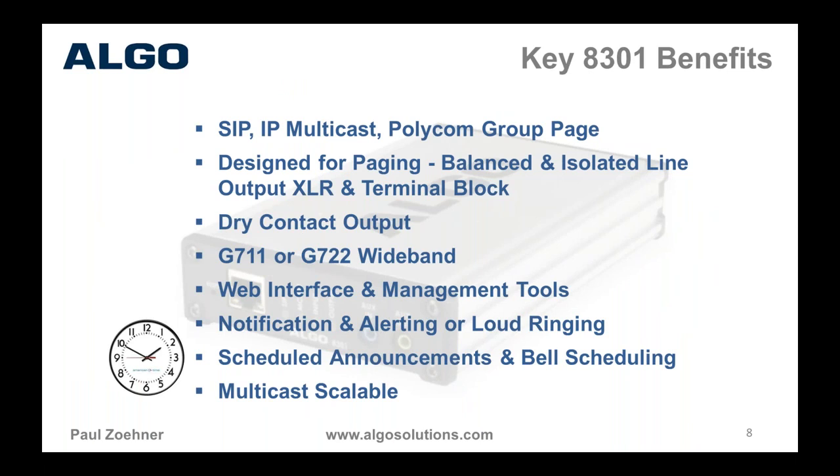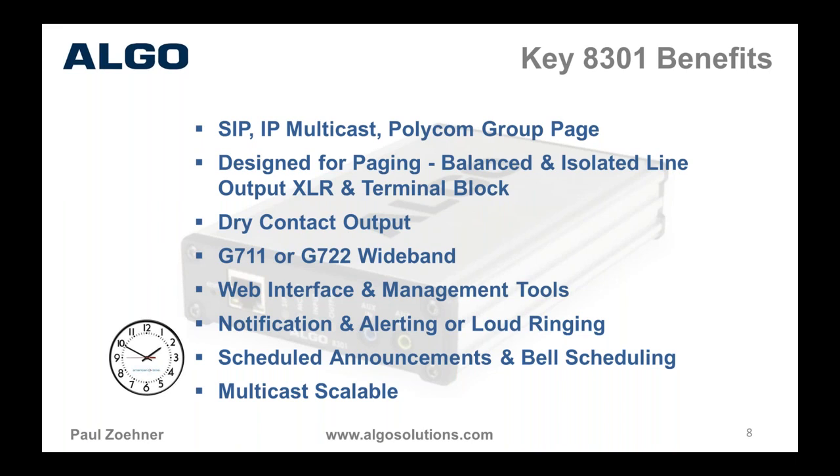Some of the key features for the 8301: it supports SIP, it supports IP multicast, Polycom group page, among others. When we say SIP, it can actually be registered with up to 50 SIP extensions, and if we had time, I could explain why that is and how that's used for zoning. This device was designed specifically for paging, so you have a balanced and isolated line output with XLR and terminal block connectors for twisted pair.